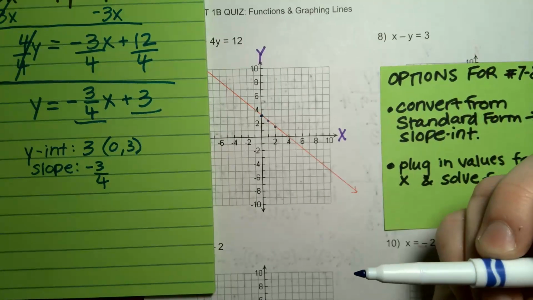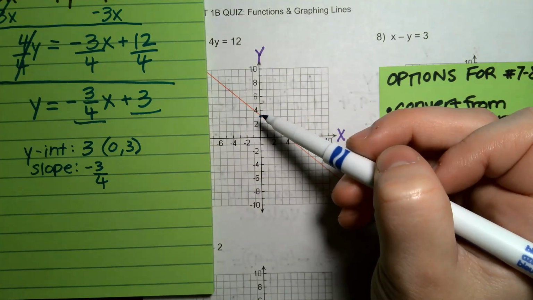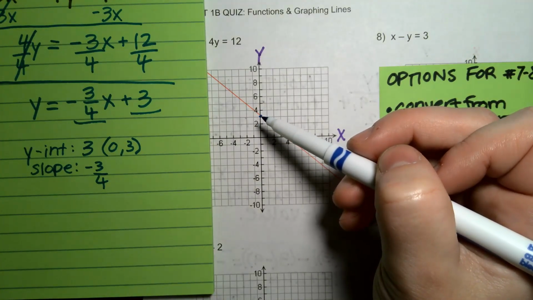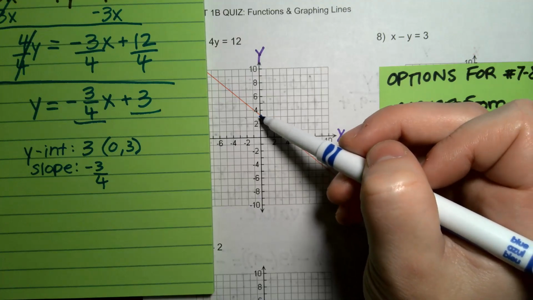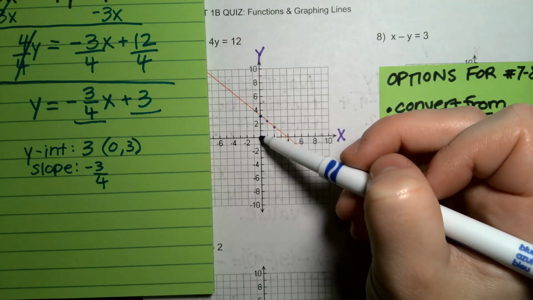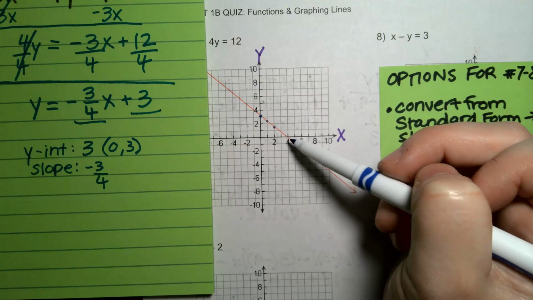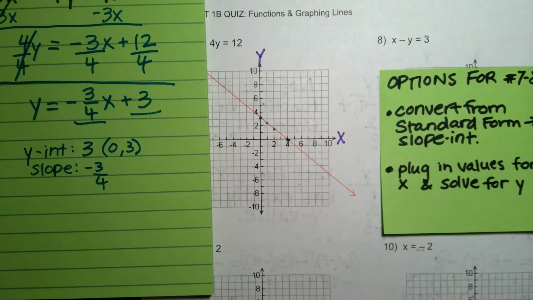That's pretty close, guys. We got about 3. And then our slope is negative 3/4. So we would do rise negative 3: 1, 2, 3. And our run is 4: 1, 2, 3, 4. Look at that. We did it spot on, guys.